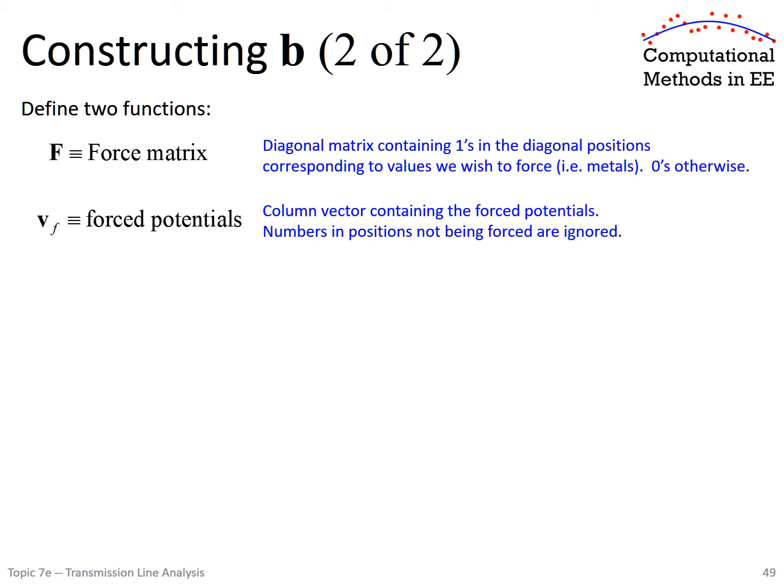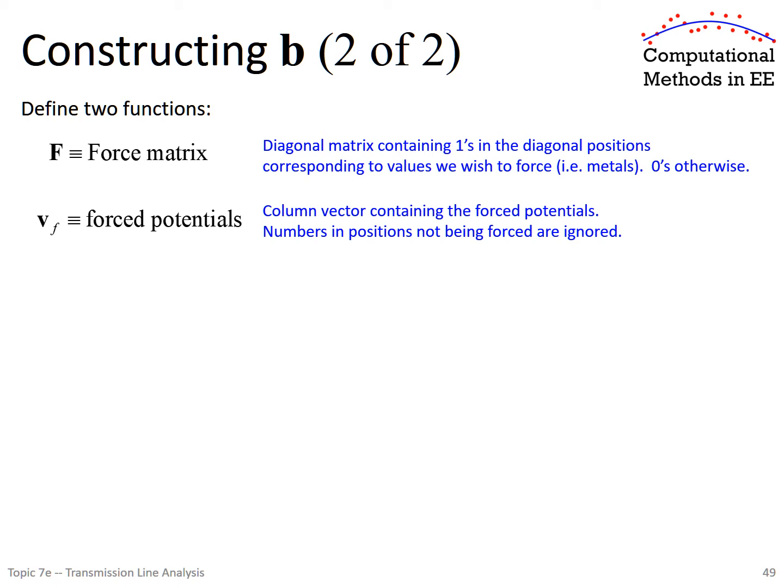Now there's a fancier way of doing this. And it turns out in MATLAB it's much faster. And it's also easier because the arrays that we've already calculated make constructing these automatic. We don't even really need to do anything extra. But the two extra things, we need a force matrix. We'll talk more about what that is, but it's essentially a map to tell us where we're actually forcing potential.